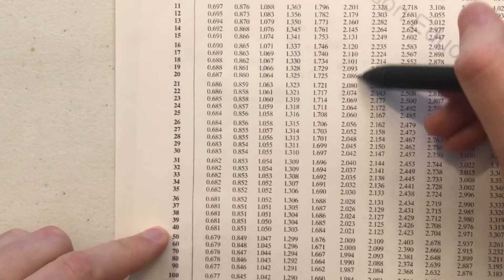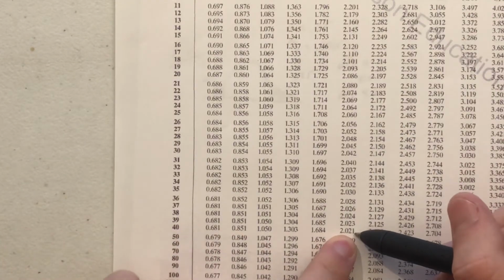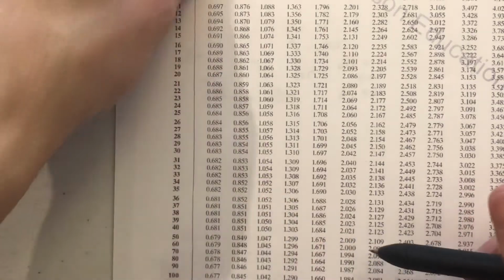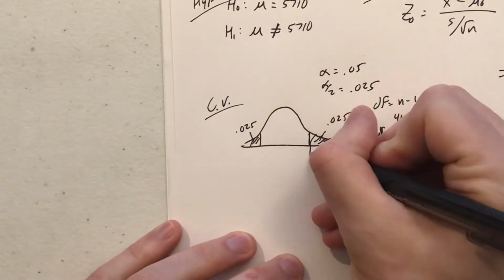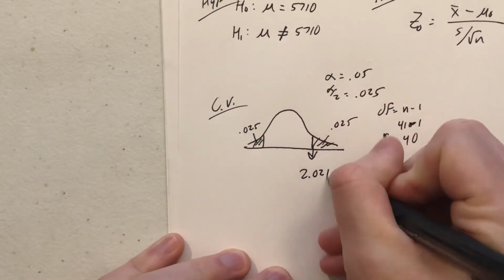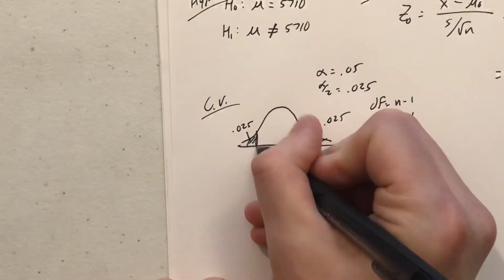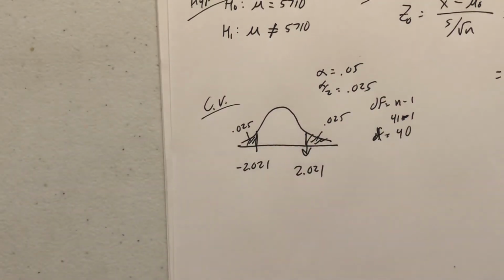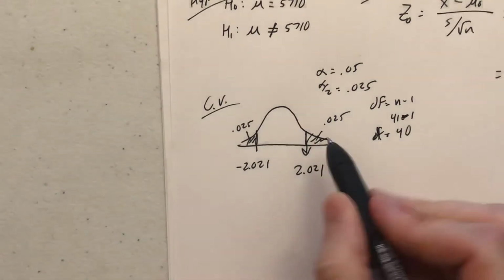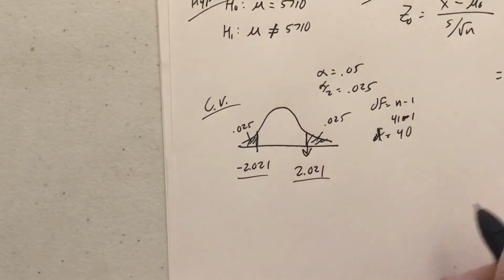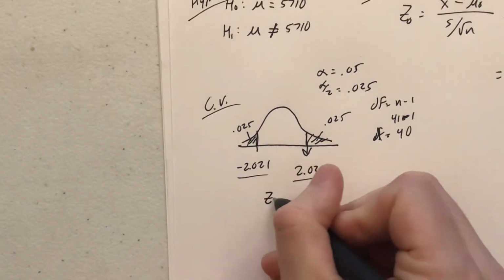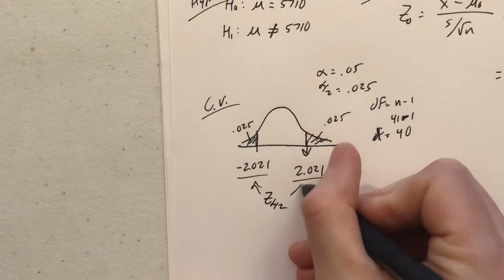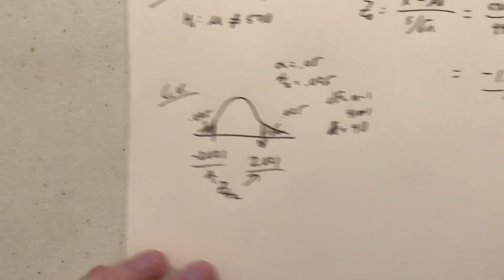Following the 0.025 column down, 40 across, we get 2.021. So from our chart, this value is 2.021, which tells us that this one is just negative 2.021. Both of those, technically, are our z sub alpha over 2's. Those are our critical values.